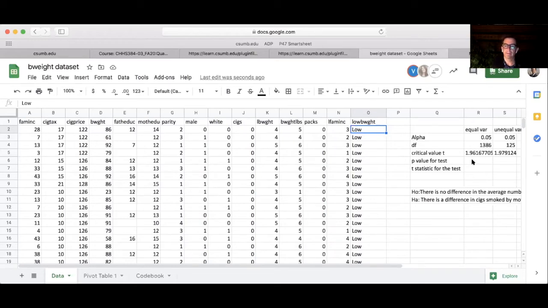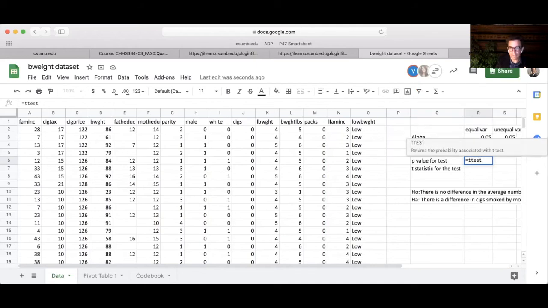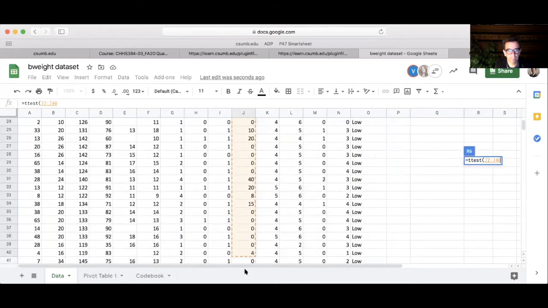Now we're ready. It's sorted. We have the number of cigarettes for those low birth weight babies, and a lot of them are 0. Let's see. So equal to T test, and this is going to ask us first for the values of the test variable, the cigarettes for those in the first group.